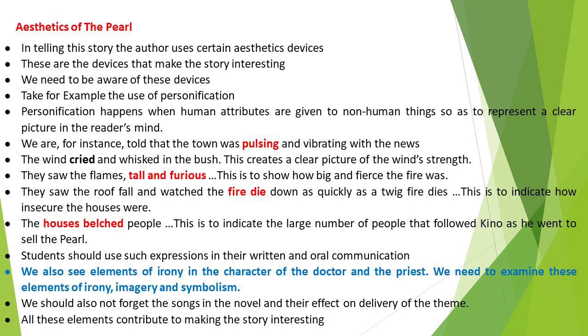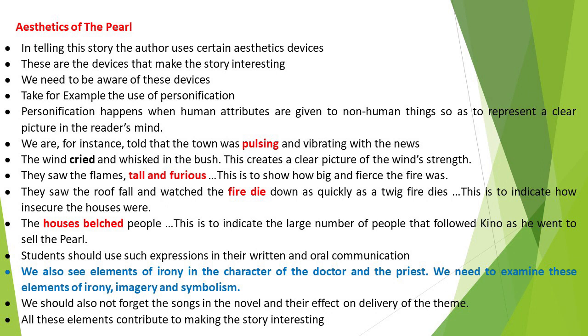The wind cried and whisked in the bush. This creates a clear picture of the wind's strength. We are also told they saw the flames tall and furious. This is to show how big and fierce the fire was.